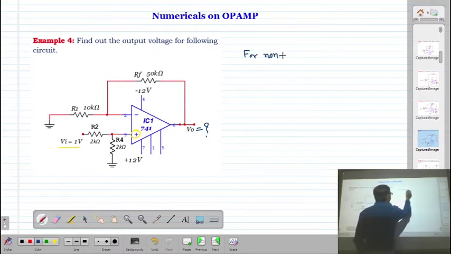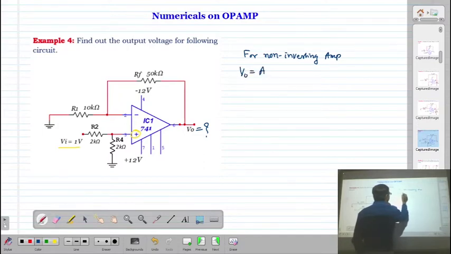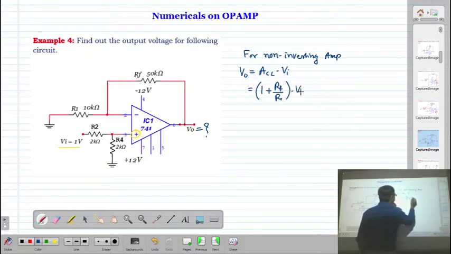For a non-inverting amplifier, we know that the output voltage is given as ACL into the input voltage, and ACL for the non-inverting is 1 plus RF by R1, into VI.